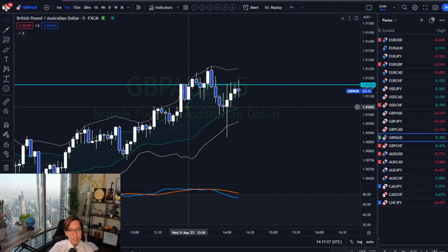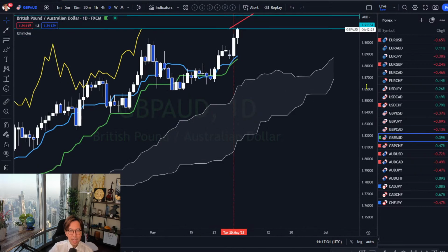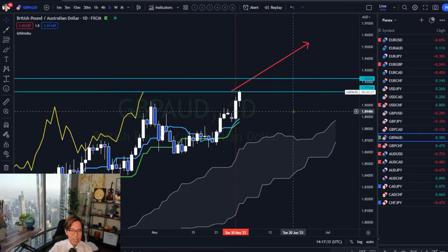So again, I see so many pairs trending right now at the same time, but I don't jump in the market unless I can confirm the trading edges in the lower time frames like this. Yeah, and because that was my mistake before.